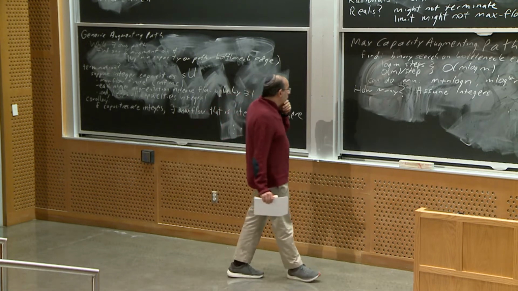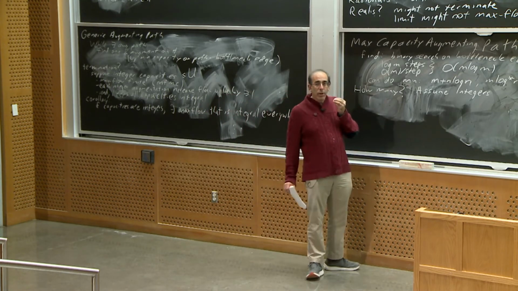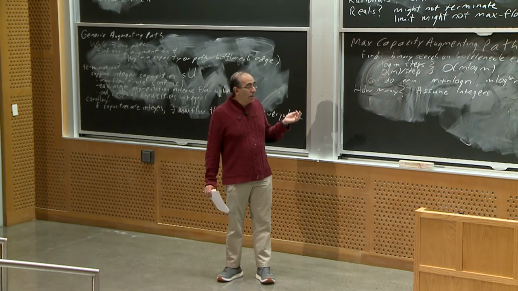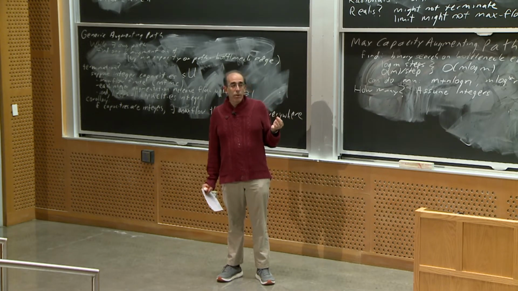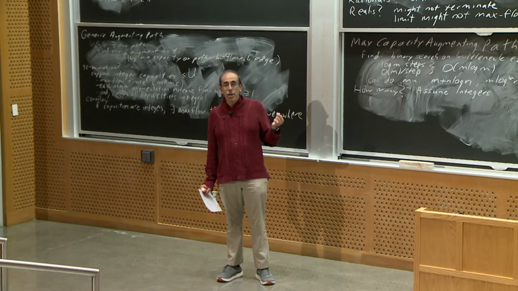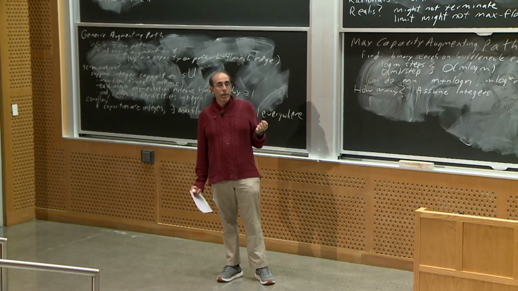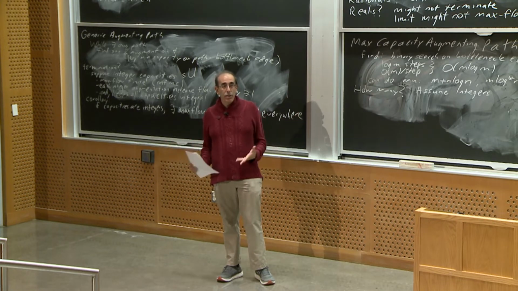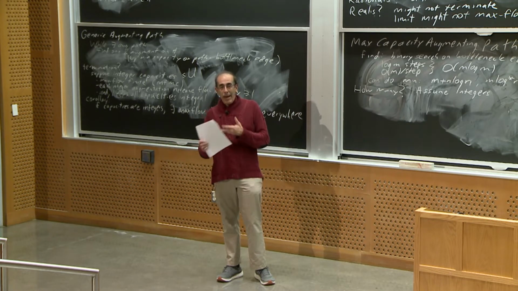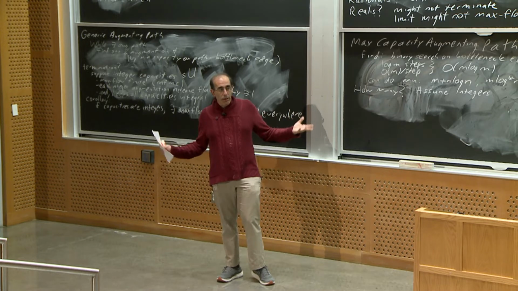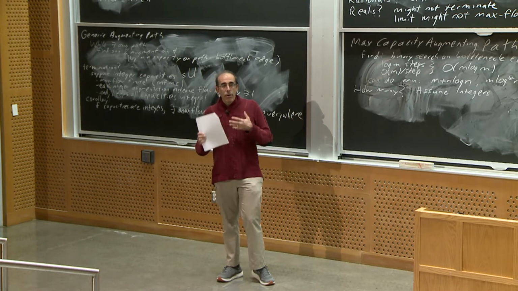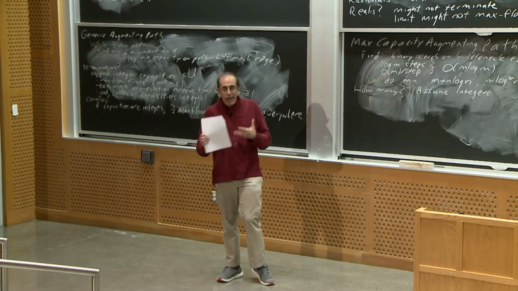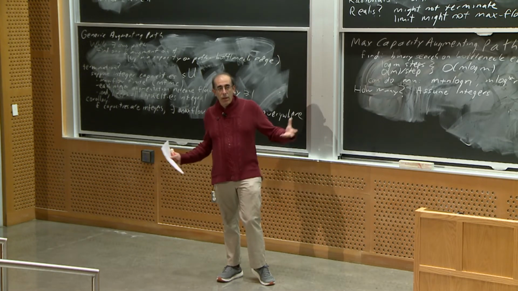If we think about that some more, it basically comes down to arguing that, since we're looking for the maximum capacity augmenting path, there are at least some large capacity augmenting paths. If we can say that there exists an augmenting path of large capacity, well, then the maximum capacity path is going to be better than that. So how would it follow that if the maximum flow is large, then there is a large augmenting path?